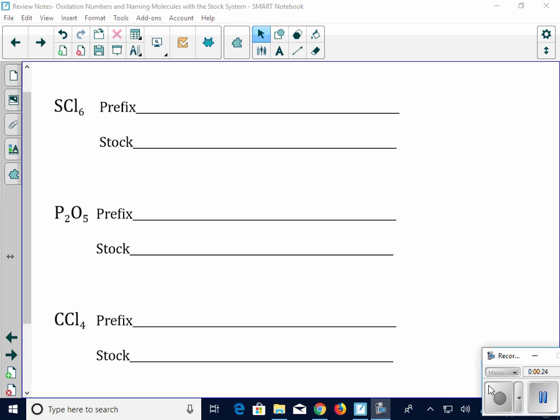What we had previously done, we said binary molecular compounds consisted of two nonmetals, and we took these compounds and gave them names using prefixes. So, the second way to name these binary molecular compounds is using the stock system.